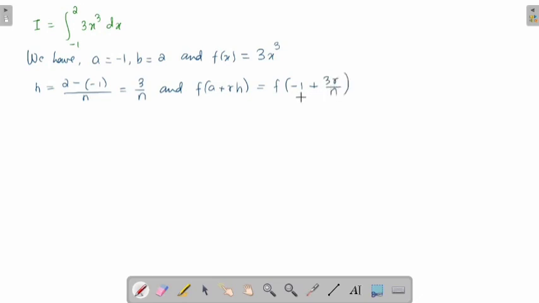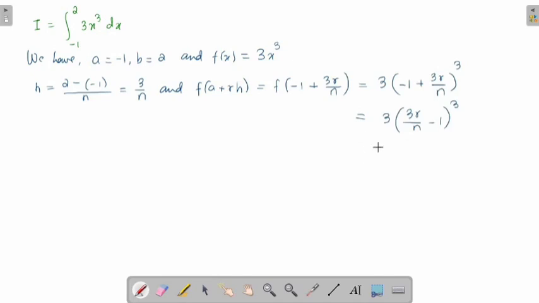Now see, in place of x we have this entire thing, so the value becomes 3x cube, and x is minus 1 plus 3r by n. In other words, you can write this as 3 into (3r by n minus 1) whole cube.